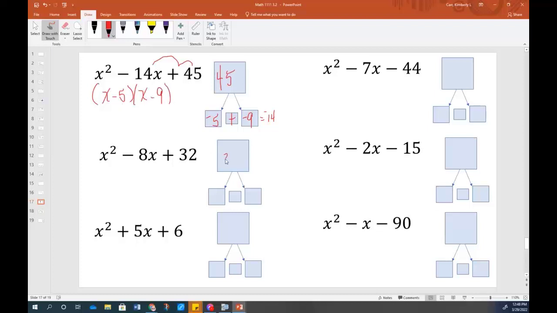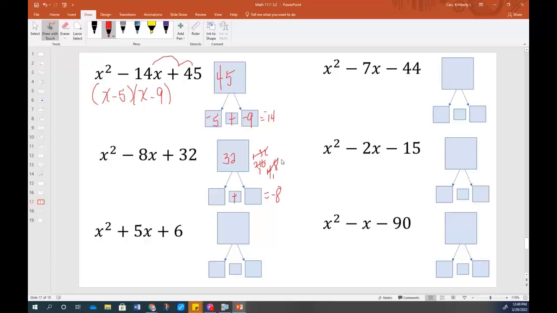Next one multiplies to 32 and adds to negative 8. Well, what multiplies to 32? 1 and 32? No. 2 and 16? No. 3 doesn't go. 4 and 8?